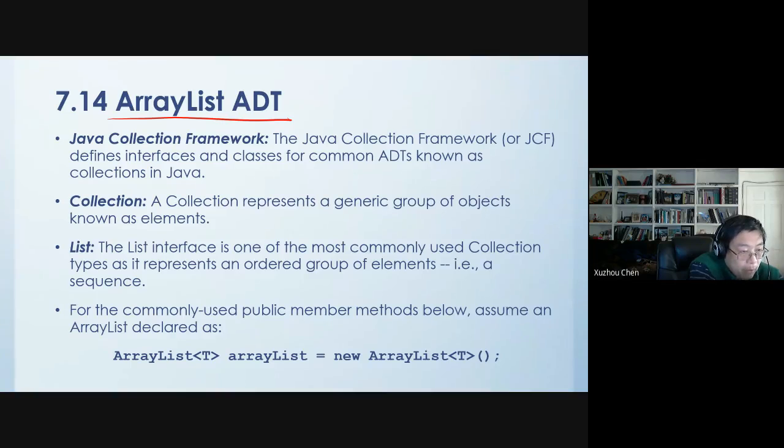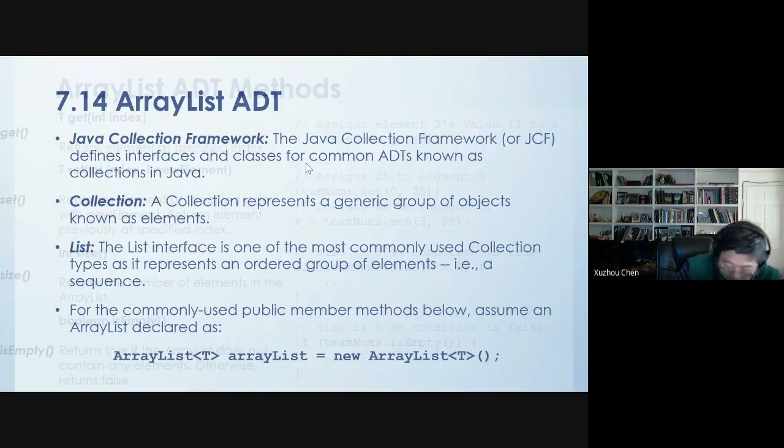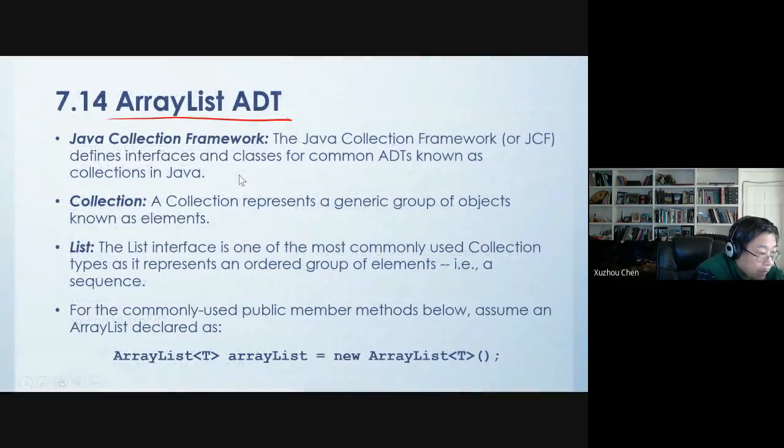The Java Collection Framework defines interfaces and classes for common ADTs, known as collections in Java. Java actually put all these interfaces and classes into a group we call ADT, and that's called a collection.